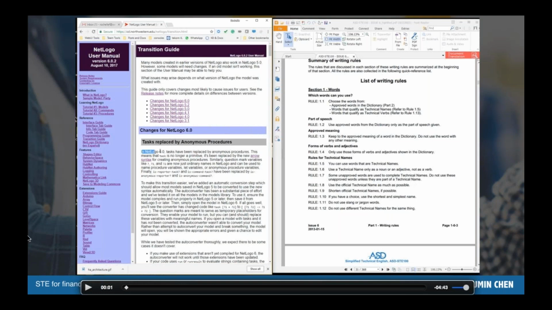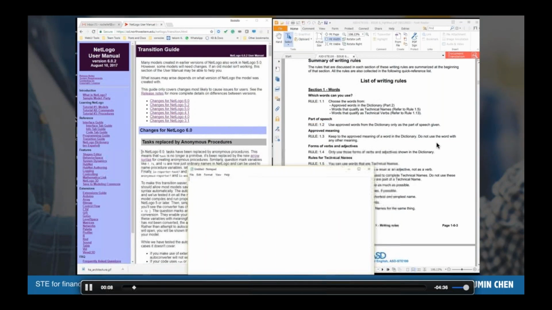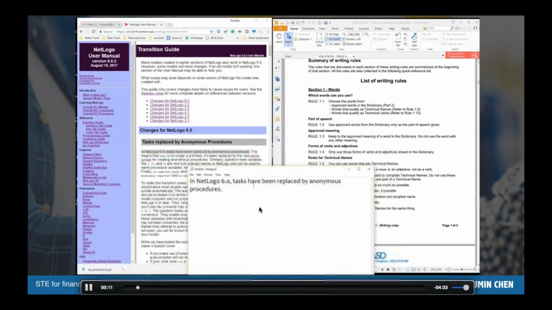So on the left would be an existing documentation that she's working to convert to STE. And to the right, she has the STE specification, or spec in short, opened. She takes out one sentence that she thinks could be improved.